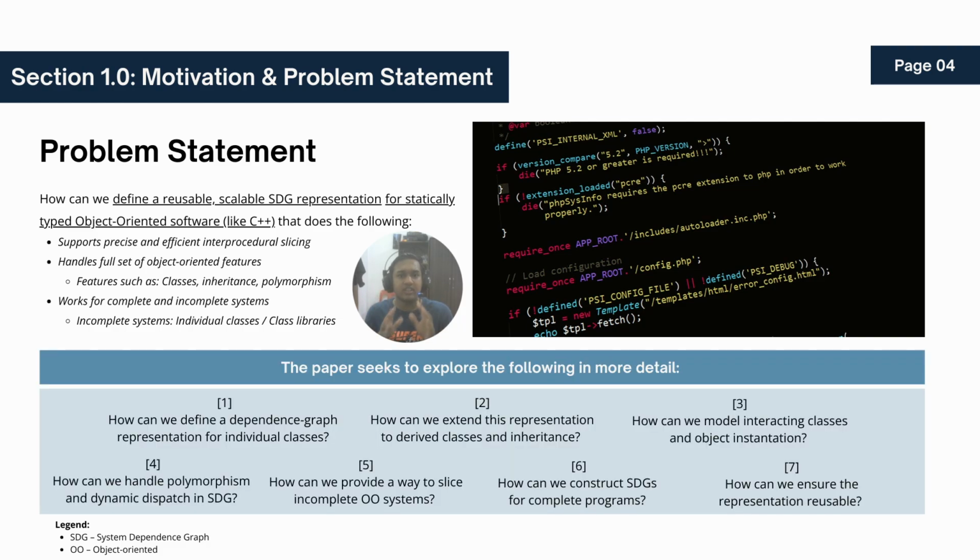In more concrete terms, the paper asks, how can we define a dependence graph representation for individual classes?